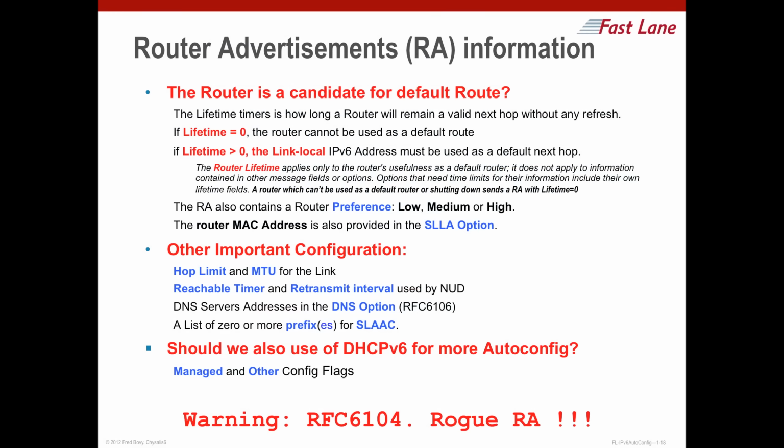The router advertisement contains many kinds of information. First of all, the router advertisement contains information on whether this router must be a candidate for a default route. So it will depend on whether the lifetime is greater than 0 or not.